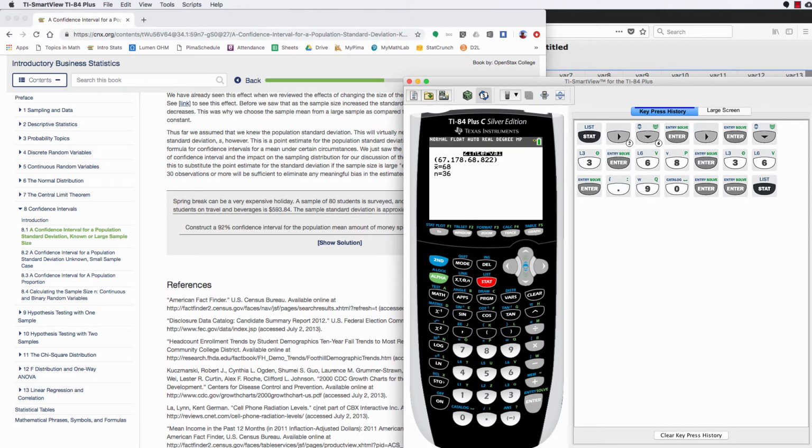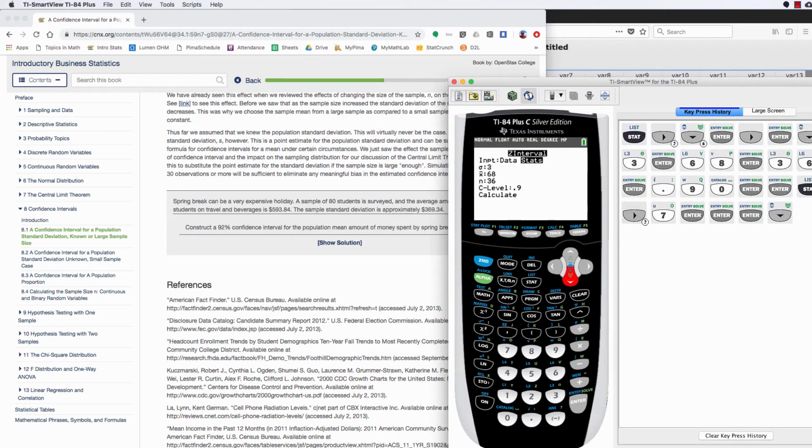So we'll go back to stat, go over to test. I can get to this not only through the down arrow, but just by clicking on the number 7. We know our standard deviation is off the screen here, 369.34.